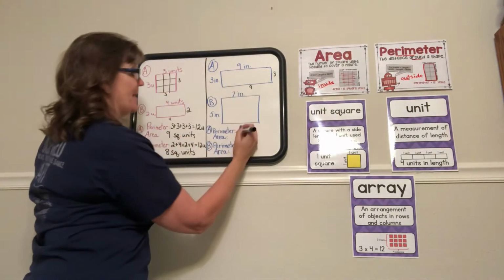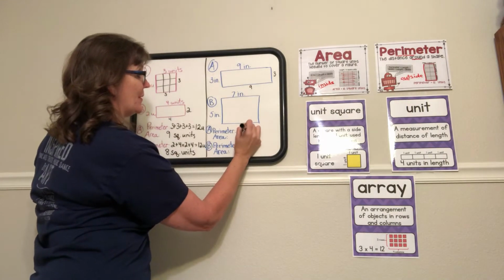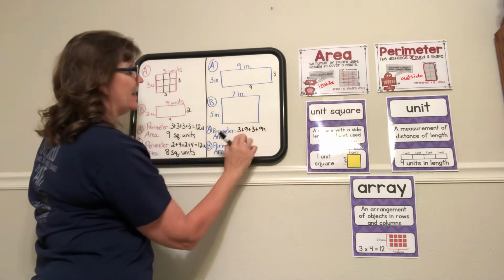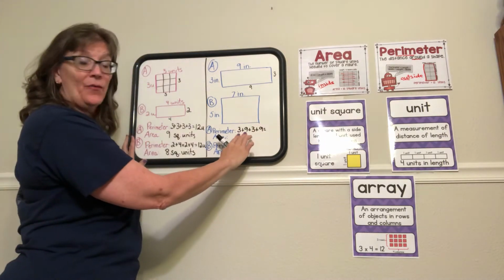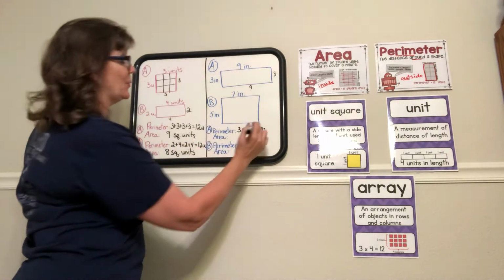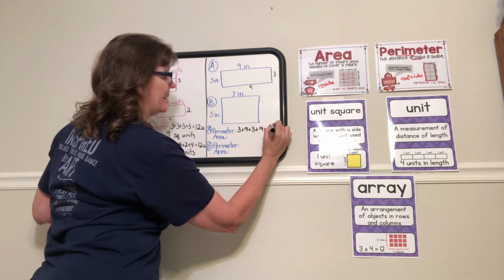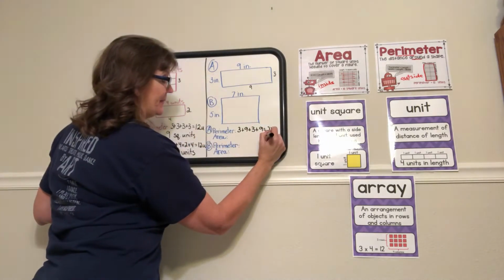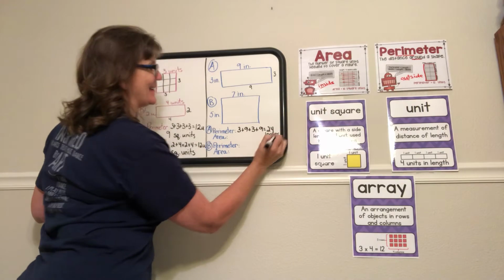So I'm going to add up the sides. Perimeter is adding the sides. 3 plus 9 is 12. Another 3 plus 9 is 12. 12 plus 12 is 24. Now to label it, I just label it inches. I don't have room there, so I'll write it right there.